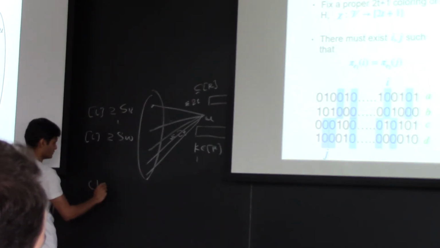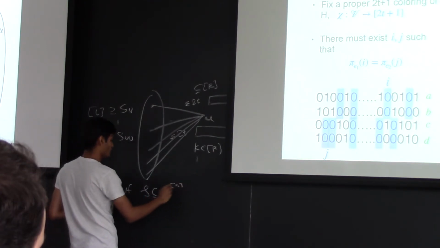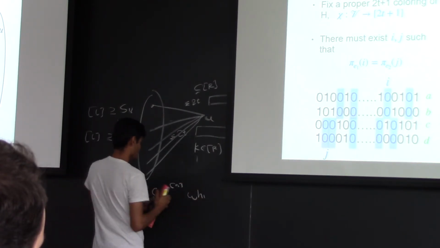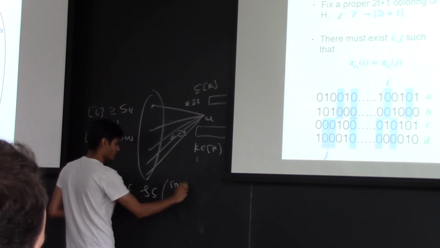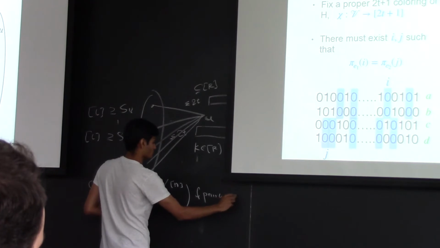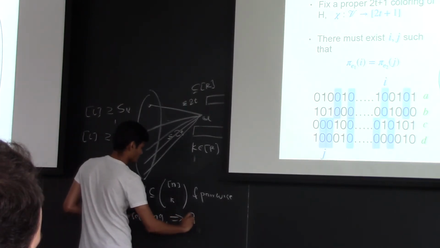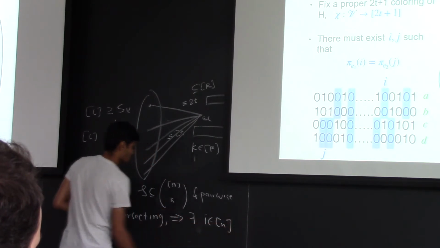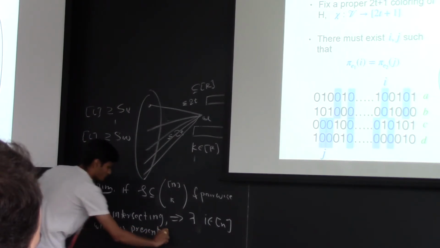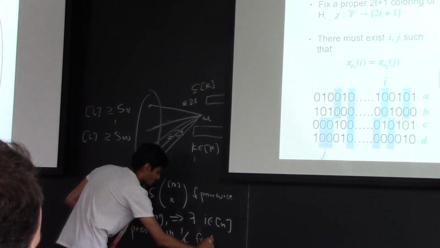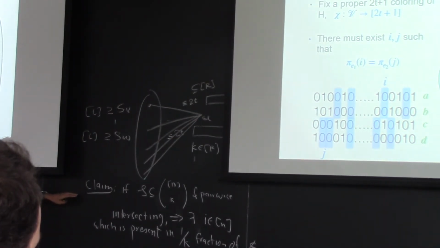So the claim is that if S is a family of subsets, where each subset is of size K and they are pairwise intersecting, then there exists an r from n which is present in a 1 over K fraction of S. So this is a very simple claim to prove.